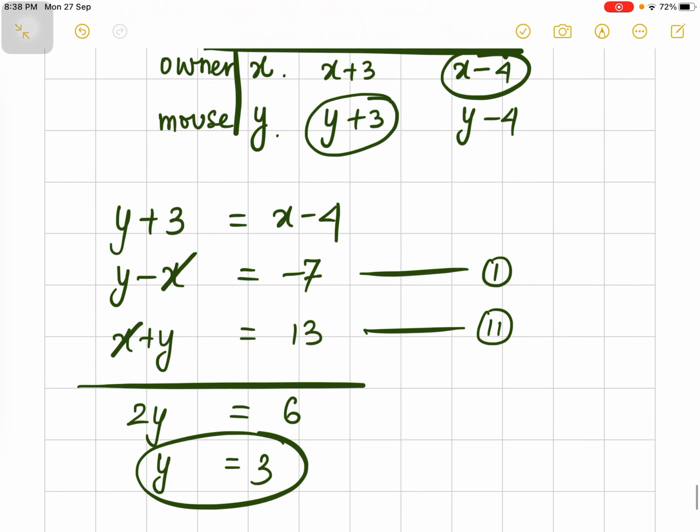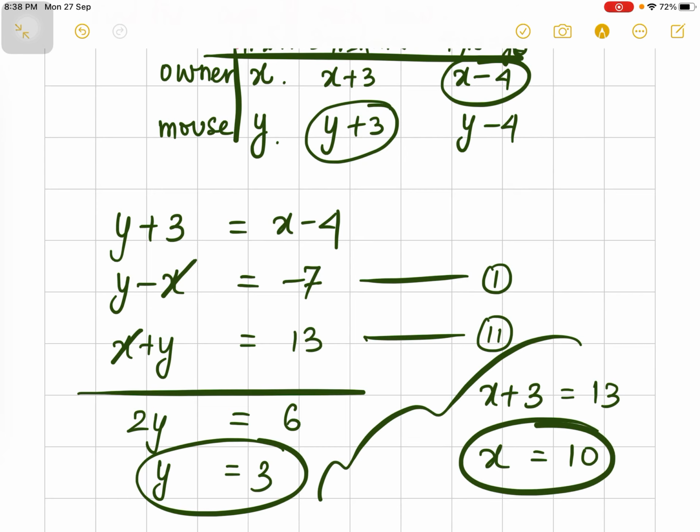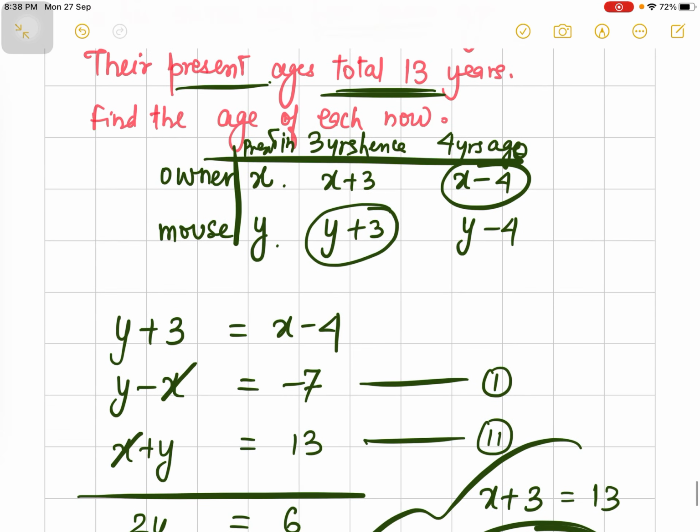Let's see what will happen to x. You know that x plus y was adding up to 13. So what plus 3 will give you 13? Let's solve it here. X plus y was 13. So x plus 3 was equal to 13. The value of x will be 13 minus 3, that's 10. So you can confidently say that the age of the owner is 10 years and the age of the mouse is 3 years.